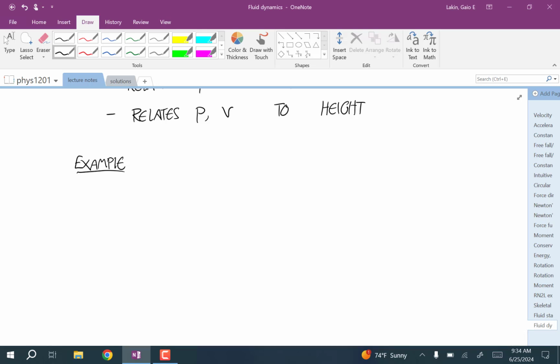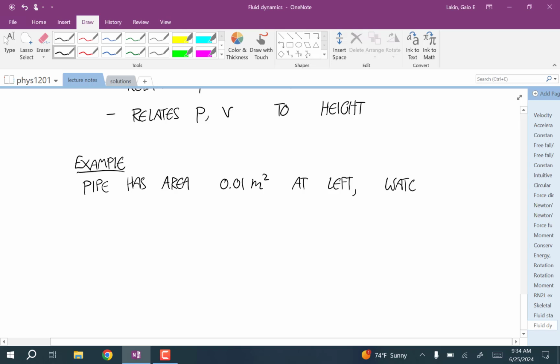Okay, so let's say that a pipe has an area of 0.01 meters squared at the left side, and water at that location is flowing through at 4 meters per second.